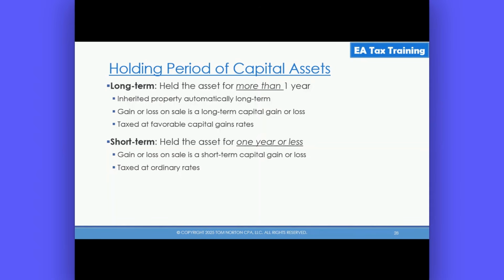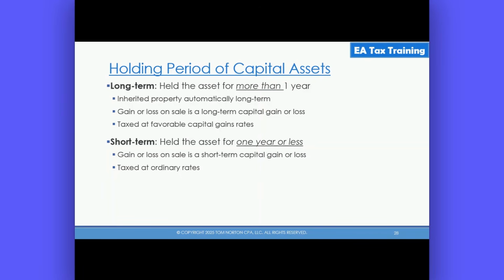The gain or loss on the sale of a long-term capital asset is capital gain or loss, and so it is taxed at favorable capital gains tax rates. Short-term capital assets are held for 1 year or less, and the gain or loss on those is a short-term capital gain or loss, and those are taxed at ordinary tax rates.